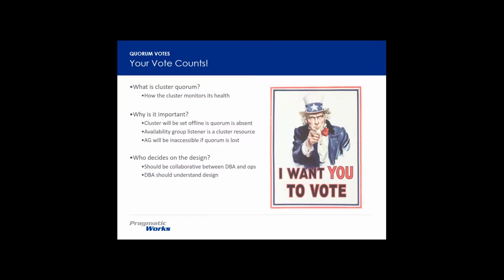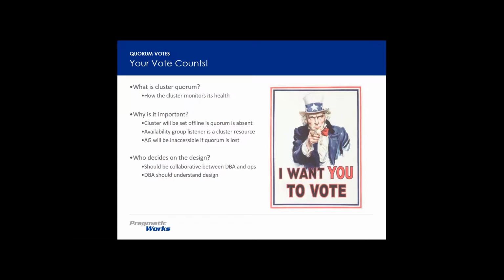The flip side of that is if the cluster is configured incorrectly or maybe not as well as it could be, you can set a situation in place where you lose enough resources, the cluster goes down, and the availability group listener goes down as well, and then you can't access anything.